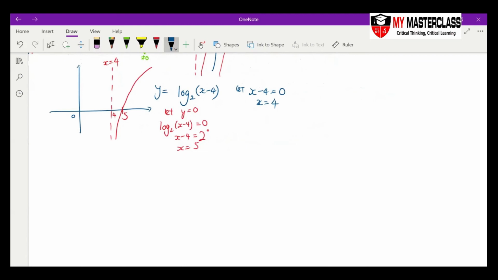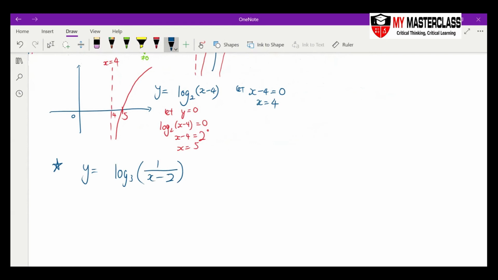Okay, usually this kind of graph drawing for log, you will only come across during a prelim exam or end of secondary exam. You'll get something very hard that will be like this. y equals to log base 3 (1 over (x minus 2)).